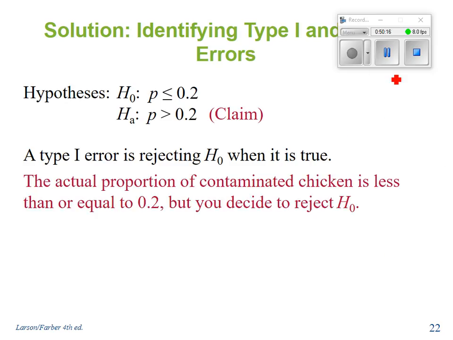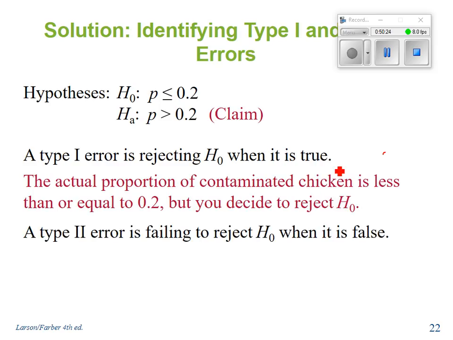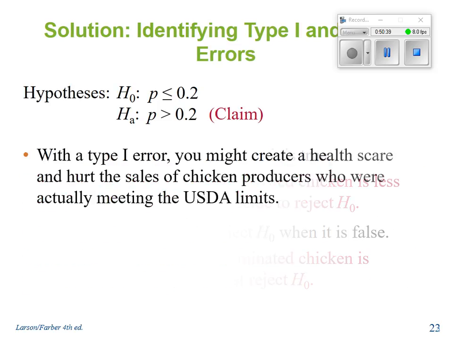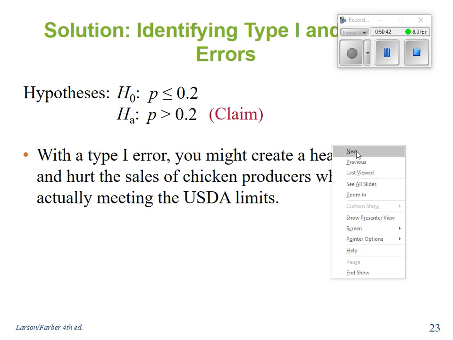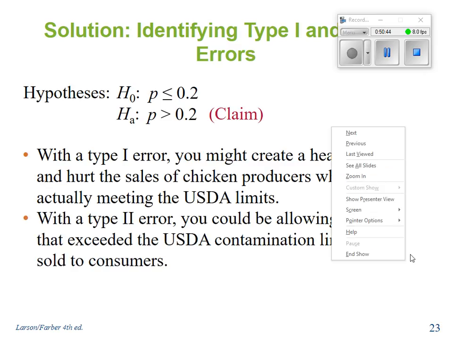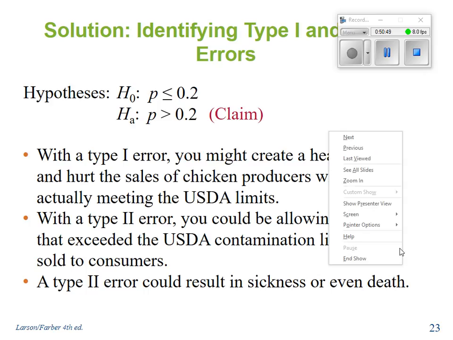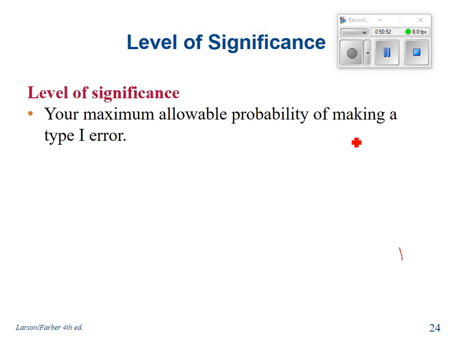So the actual portion of contaminated chicken is less than 0.2 or 20%. Type 2 error, it's more than 20%, and we don't reject it. Again, on this one, we hurt the company. On this one, maybe people get sick. Type 2 error, you guys told me that. Type 2 error might cause people to get sick. Salmonella is not something that you want to mess with.